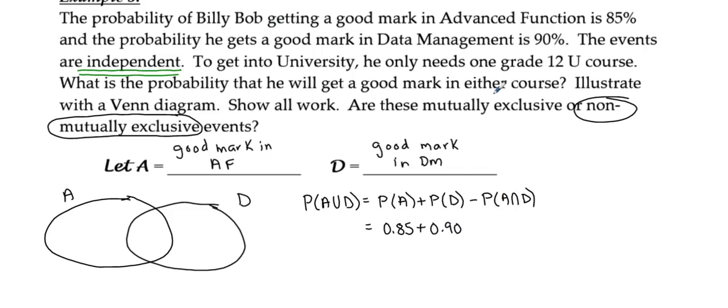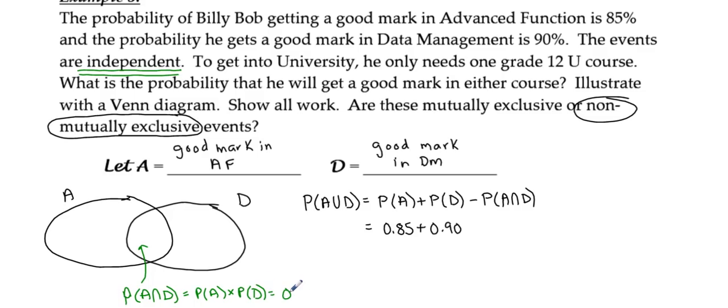Now, this is where you have to use a little bit of math because we don't know what the probability of the overlap is. But because we know that the events are independent, the probability of getting a good mark in advanced functions and data management can be found by multiplying them because they're independent.